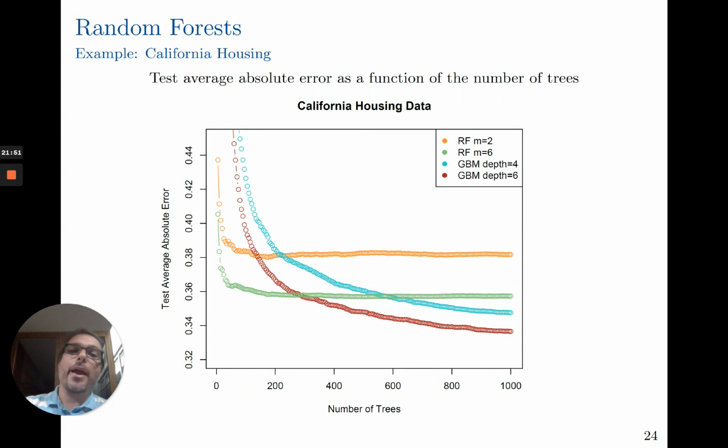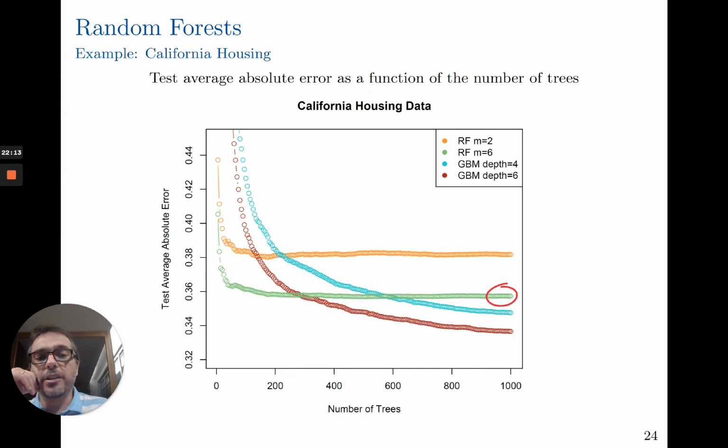And comparing random forest with boosting on the California housing data, for this specific data set, boosting is a bit better, not by much, it's in the second decimal place, but it's a bit better than the random forest.